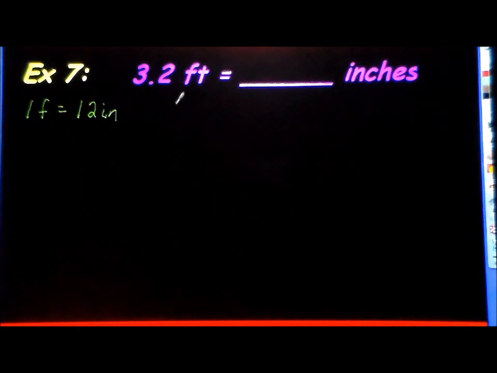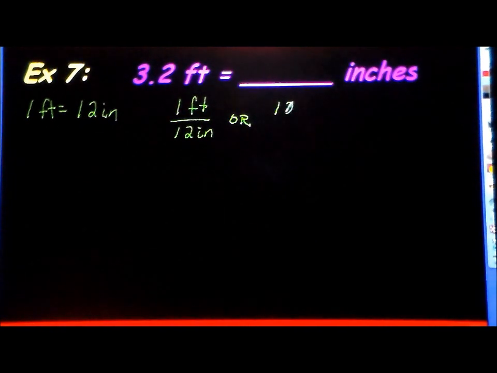So that means my conversion factors, whoops, supposed to be a T there, would be 1 foot is equivalent to 12 inches, or 12 inches is equivalent to 1 foot. The problem will tell us which one we need. We don't need to figure that out right now.